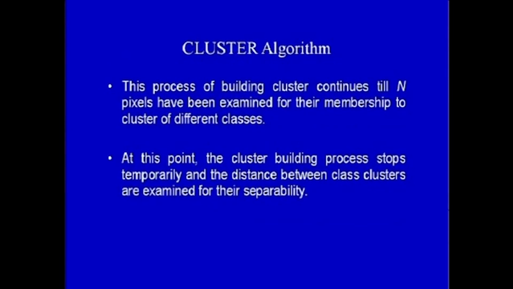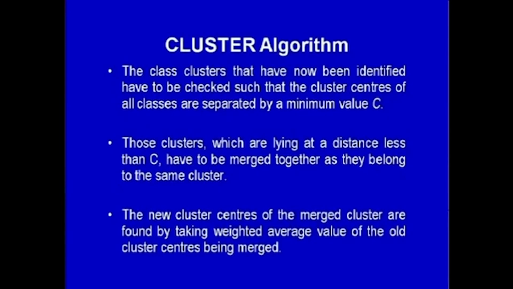This process of building clusters continues till N pixels have been examined for their membership to clusters of different classes. At this point, the cluster building process stops temporarily and the distances between the class clusters are examined for their separability.